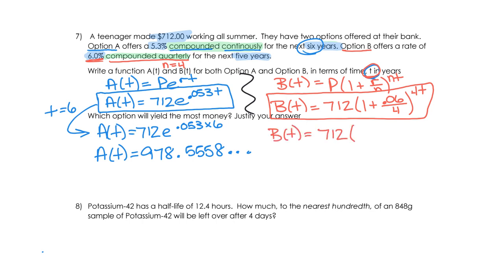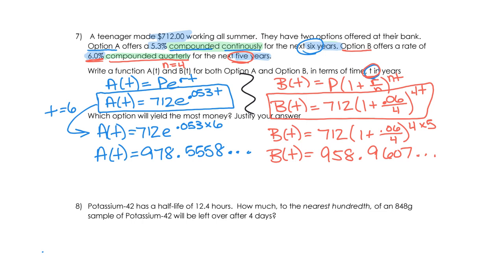Okay? And then for our B of T, we have everything the same here, except our T in option B is 5 years. So we're going to multiply this by 5. All right, we're going to go ahead and type it in. And we end up with 958.9607... Now I could round those because they are both money.